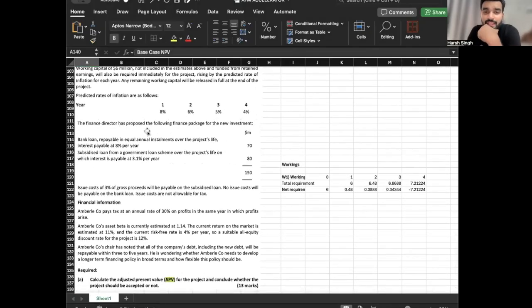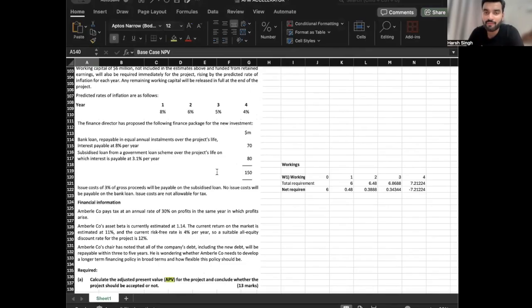The finance director has proposed the following finance package for the new investment. Bank loan which is repayable in equal annual installments over the project's life, interest payable at 8% of 70 million, and subsidized loan from government loan scheme over the project's life on which interest is payable at 3.1% of 80 million.